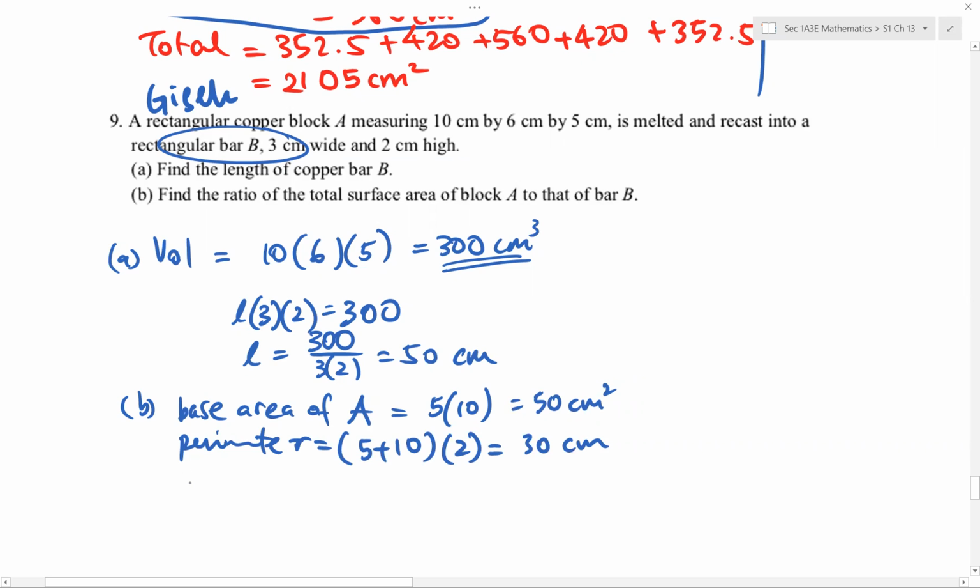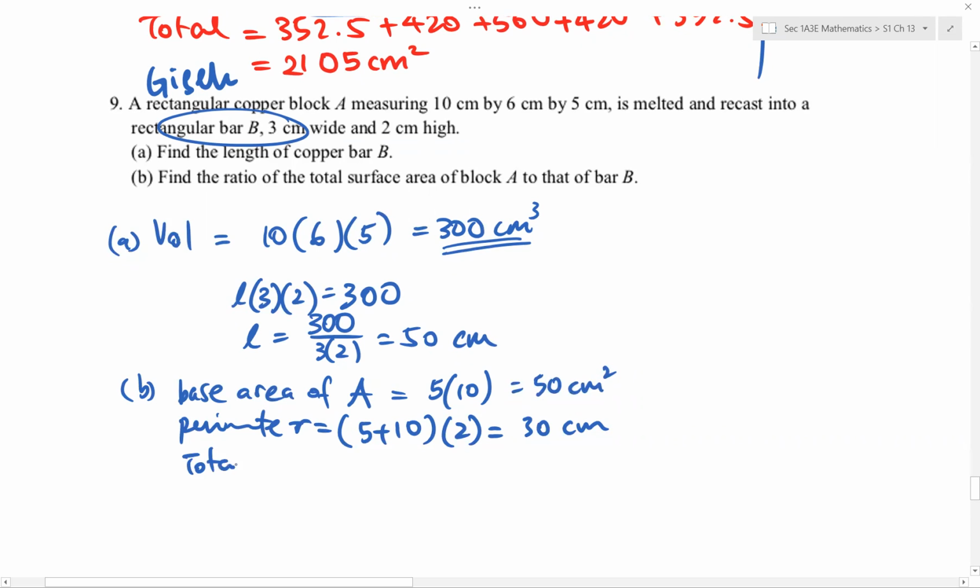So next, 2 times 50 plus 6 times 30. Why 6 times 30? Oh, okay, because the other value is 6. Okay, correct. So 100 plus 180, 280.